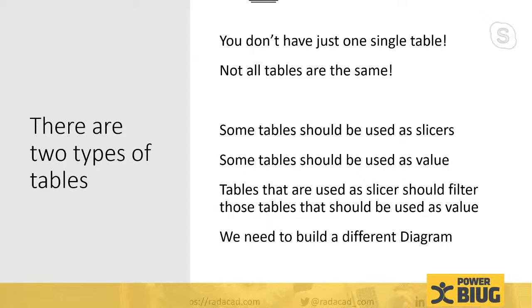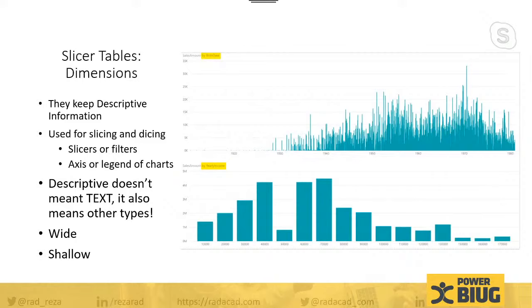Some tables are used for values, like the line in your line chart, or the value in column charts. So you need to build a different diagram of these tables. These tables have names in dimensional modeling. Tables that you use for slicers, we call them dimension tables.